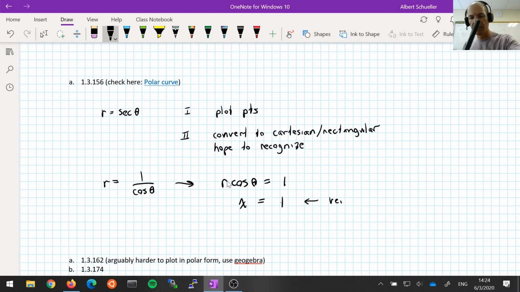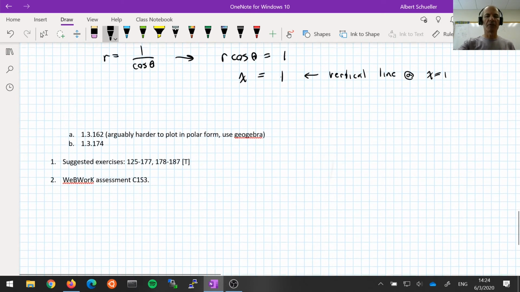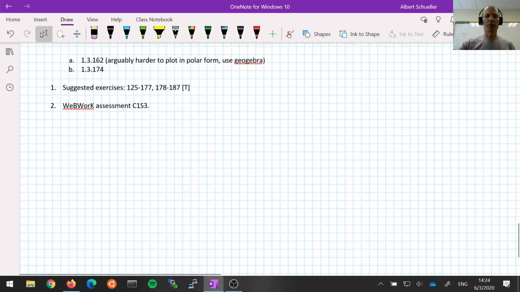This is a vertical line at x equals 1. So without going through the pain of plotting points, we just converted to Cartesian or rectangular coordinates and were able to plot this thing. That's definitely the most efficient way. It's not always possible, but it's definitely the way to go if you can pull it off.